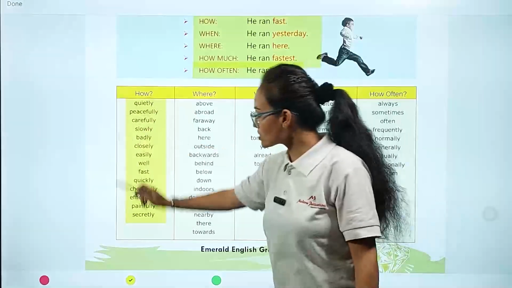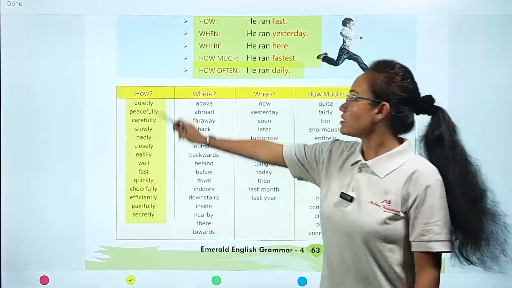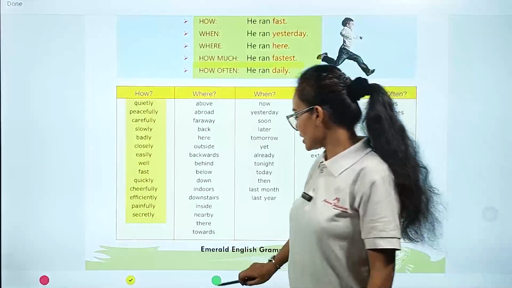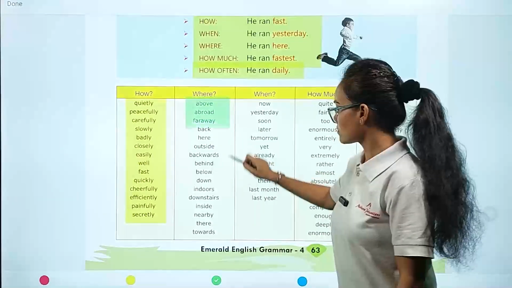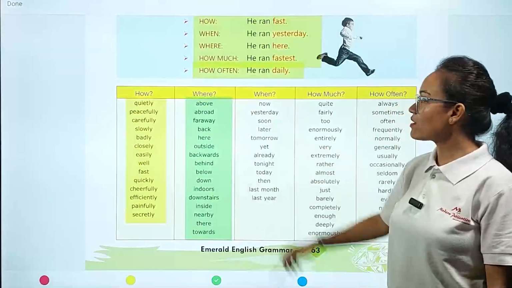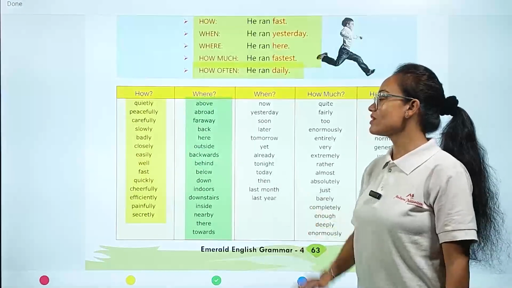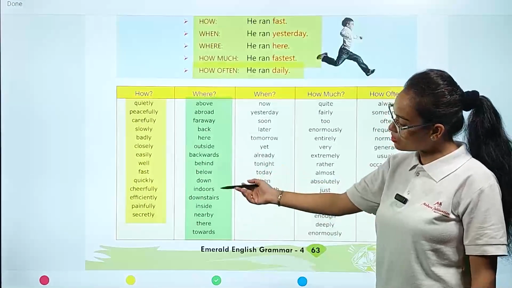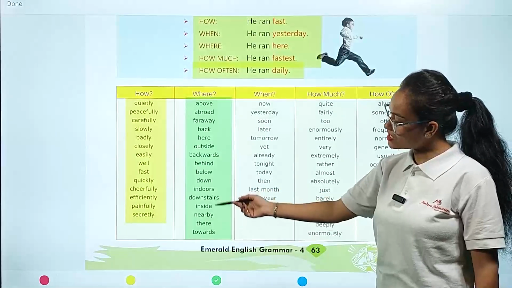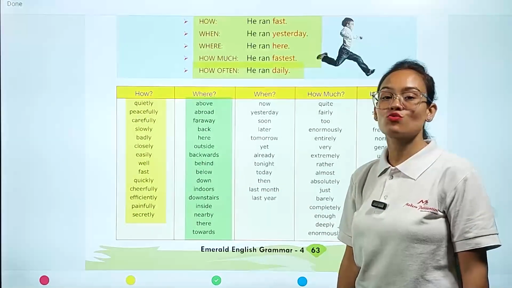All these words come under how. Now we are going to see which words come under the where category: above, abroad, far away, back, here, outside, backwards, behind, below, down, indoors, downstairs, inside, nearby, there, and towards.